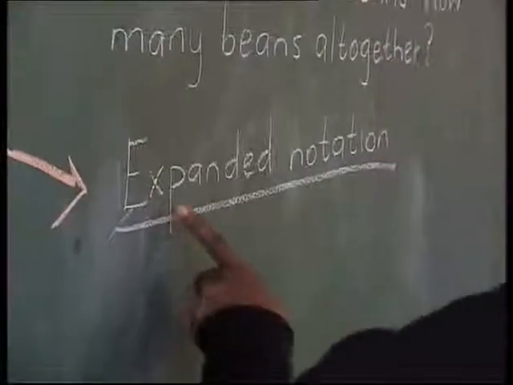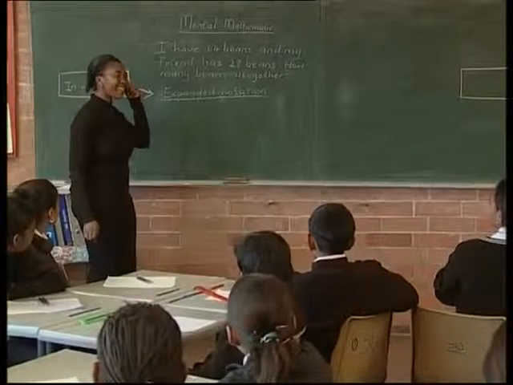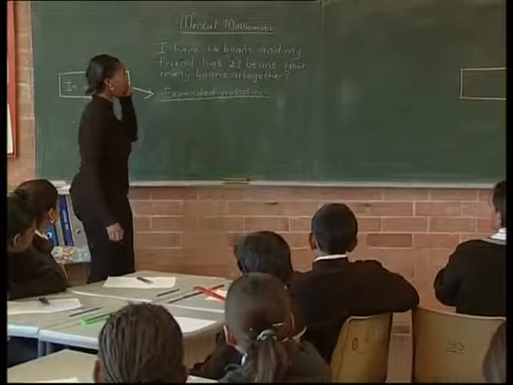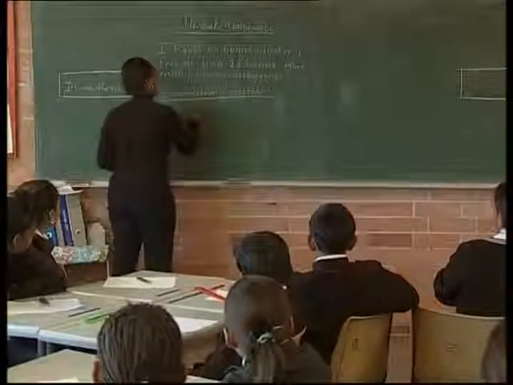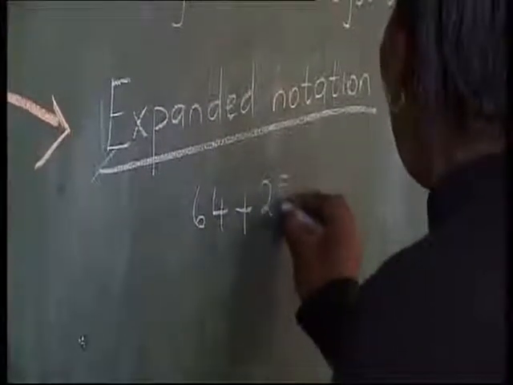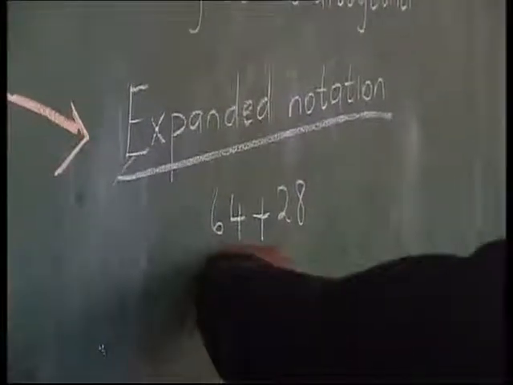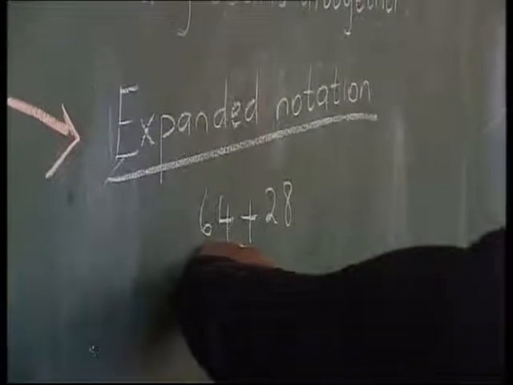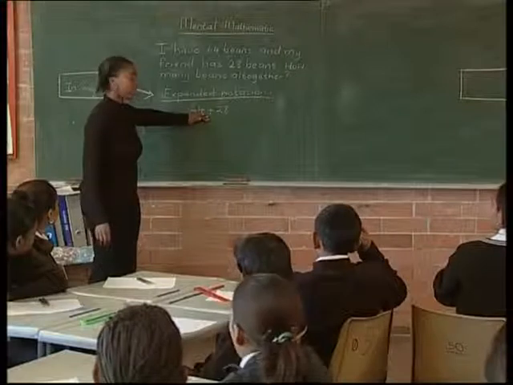When we are doing this, I have to ask myself what goes on in my head. So my head tells me I have to add 64 plus 28. Now, if we are doing expanded notation, we have to change these numbers and write them in expanded notation using the tens and the units.